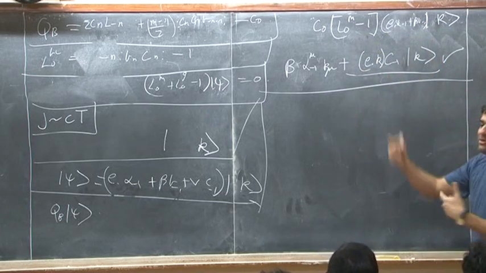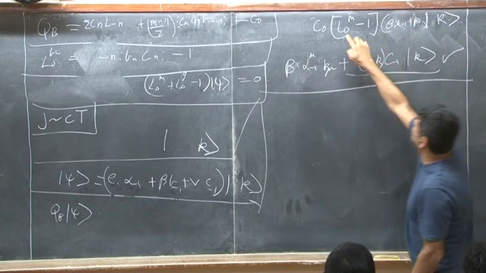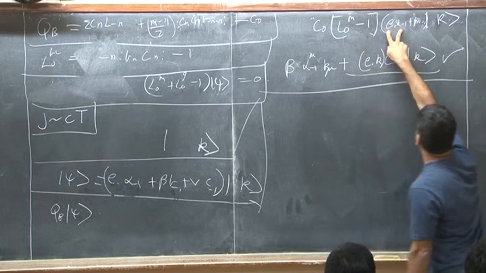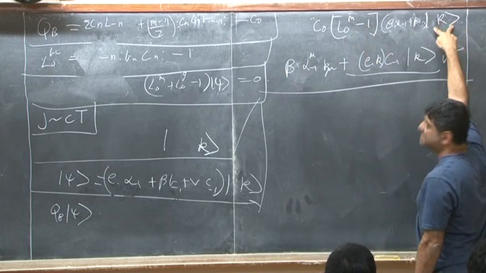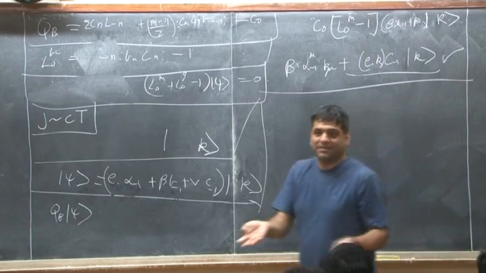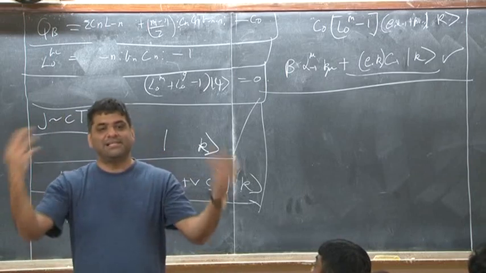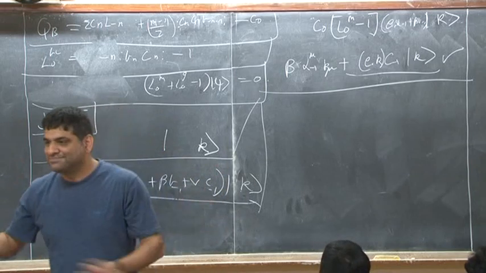Now, let me just explain how this is going to work. So you see this pattern. You see L0 matter minus 1 on this state times K is equal to 0. Why did you know that? It's because that state obeyed the condition L0 matter plus L0 coast minus 1 was equal to 0.